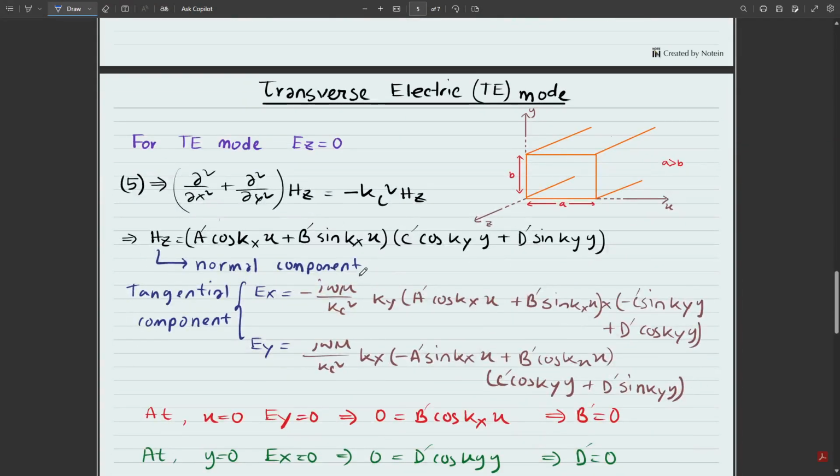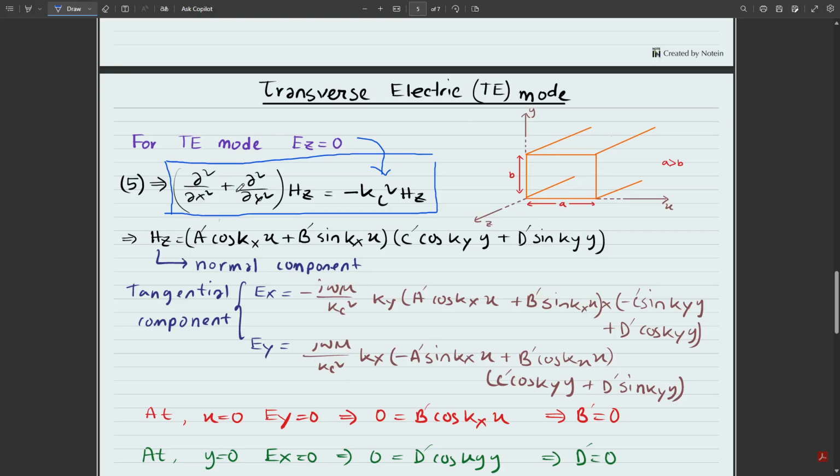We'll see TE mode, and TE mode is a bit complex, but we can easily derive it after watching this video. Now this is our equation for TE mode. The Helmholtz equation actually simplifies to this.